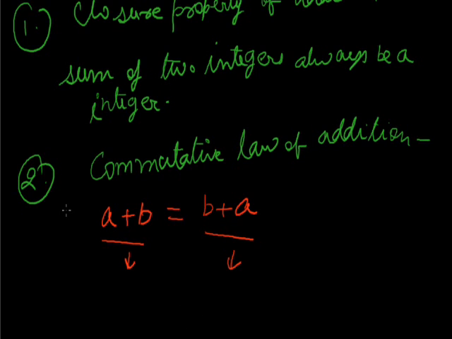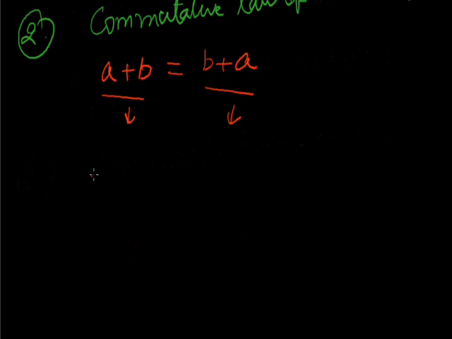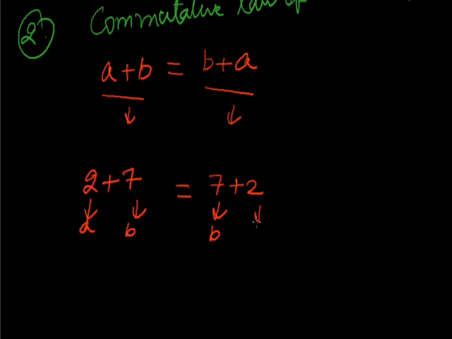For example, if we add 2 plus 7, where 2 is a, 7 is b, then the answer will be same as 7 plus 2, where 7 is b and 2 is a, gives us 9. So according to this law, a plus b also gives you b plus a.